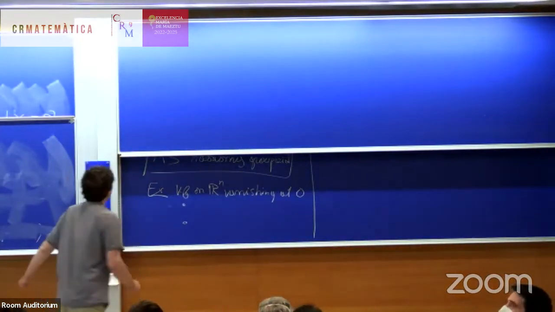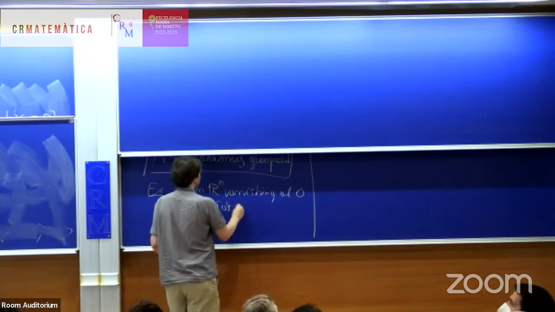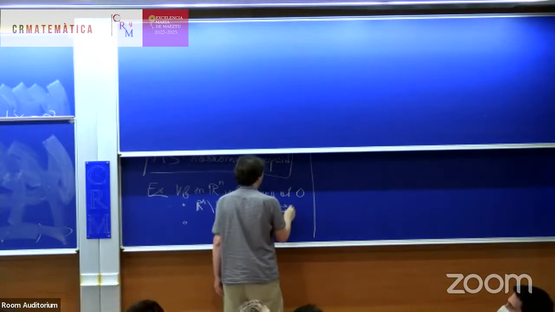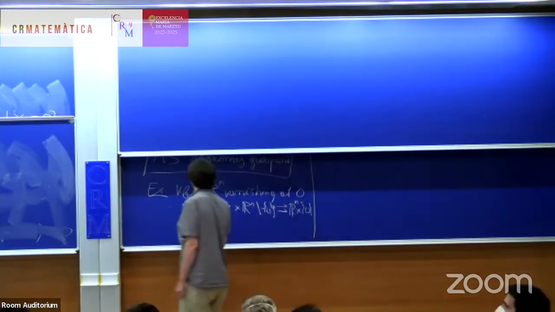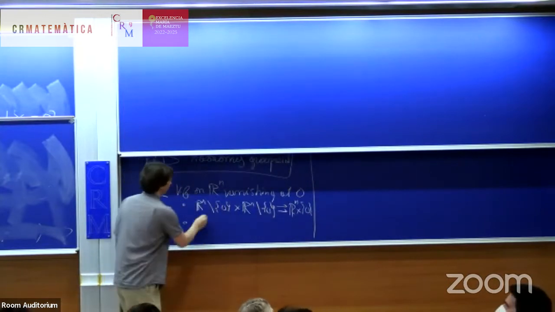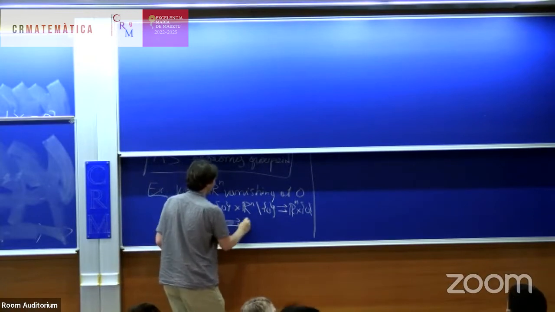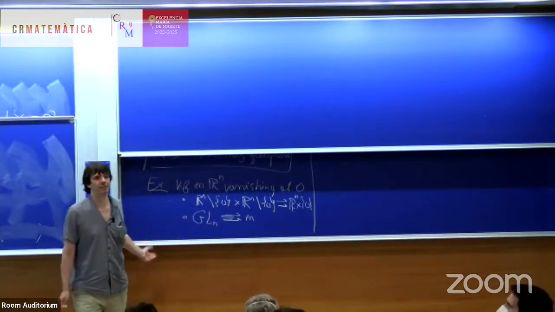And this groupoid is a disjoint union of the pair groupoid R^n minus 0 times R^n minus 0 over R^n minus 0, and GL_n, which is a Lie group over 0. See, it's not that complicated.